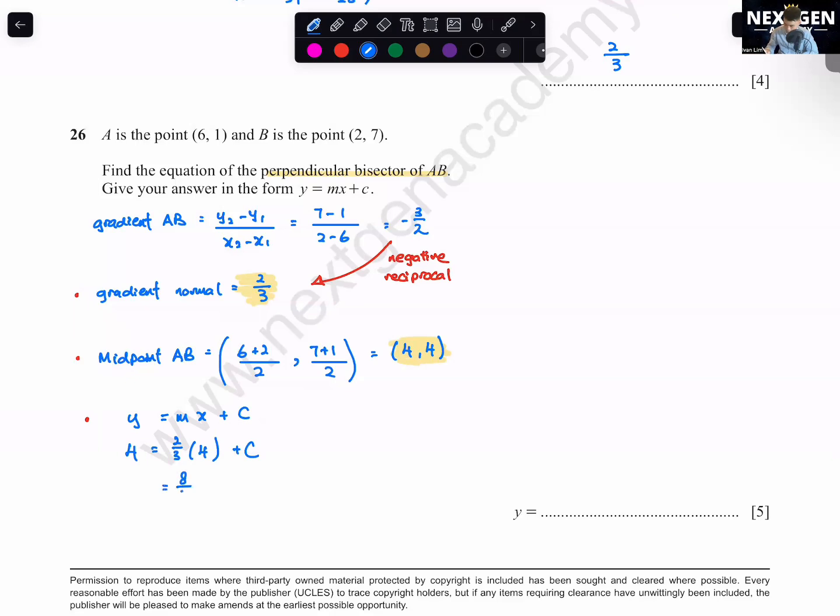This will be 8 over 3 plus c. c is equal to 4 over 3. Therefore, for your final value, you use your gradient, get your c. So y equals 2 over 3 x plus 4 over 3.